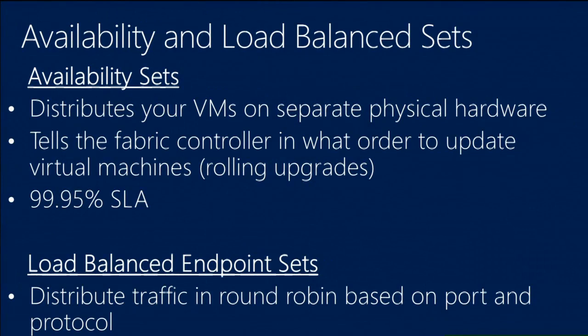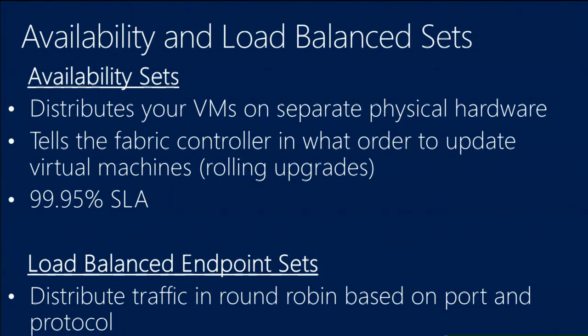What that does is it tells the Windows Azure Fabric Controller to put your virtual machines on separate racks in the data center. If you don't do that, there's a real good chance they're all going to end up on the same rack. And if the power unit or the switch on the rack goes down, you have a single point of failure and you could lose all your virtual machines, whether they're load balanced or not. So use availability sets. This splits them up into multiple physical racks in the data center, so you get data center level availability.